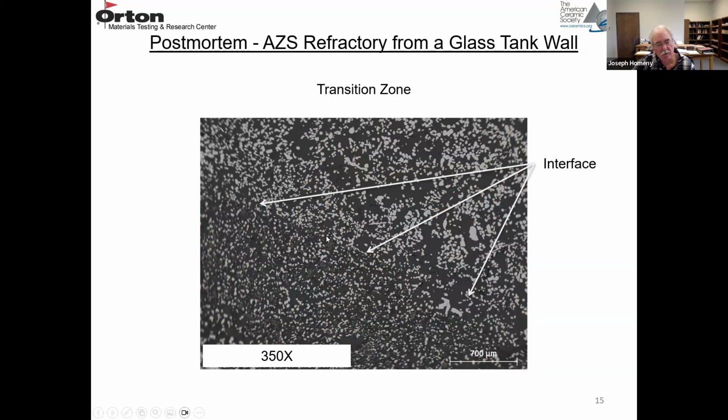So here's the interface between the original refractory, unaltered, and then the altered refractory. So the temperature profile is such that there's a freeze plane here that basically stops the reactions in the interior of the brick. So you can see the difference in the microstructure. This is zirconia in a glass phase, and this is zirconia and alumina plus the glass phase.